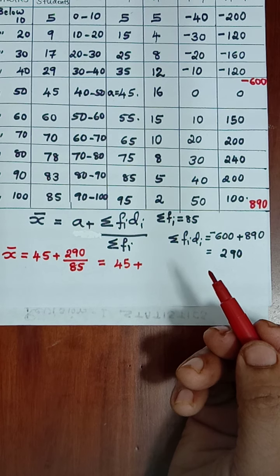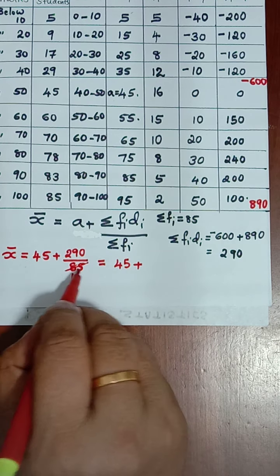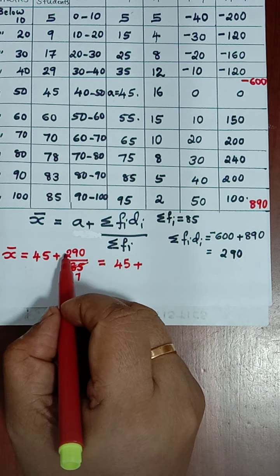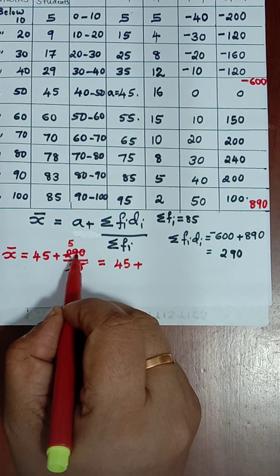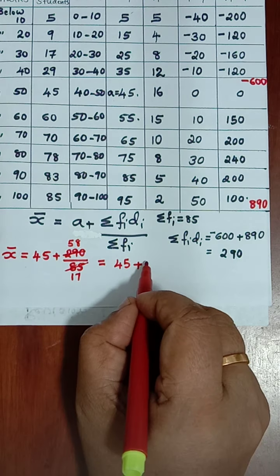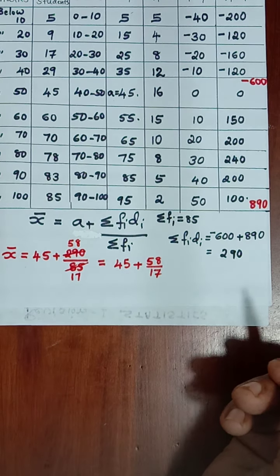290 by 85 we can cancel by 5. 5 ones are 5, 5 sevens are 35, so 17. For 290, 5 fives are 25, 40 comes 8 times, so 58. So 45 plus 58 divided by 17.